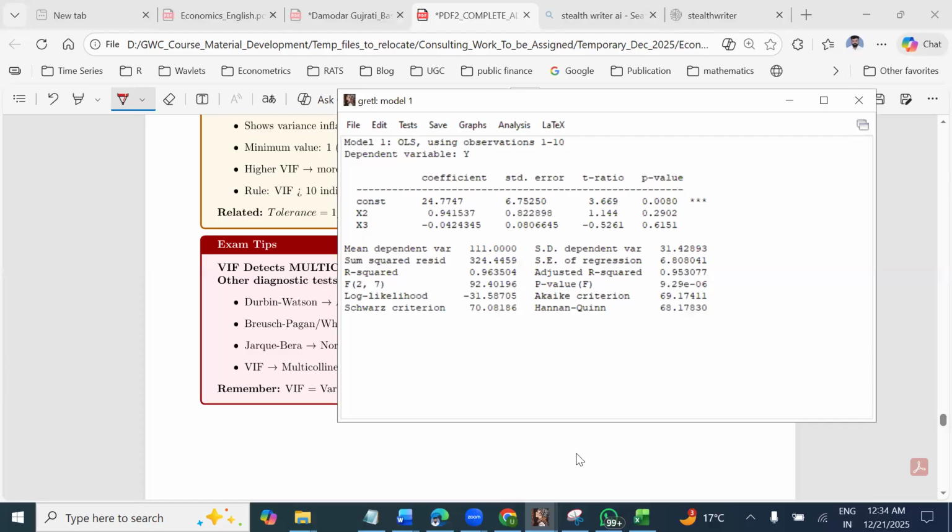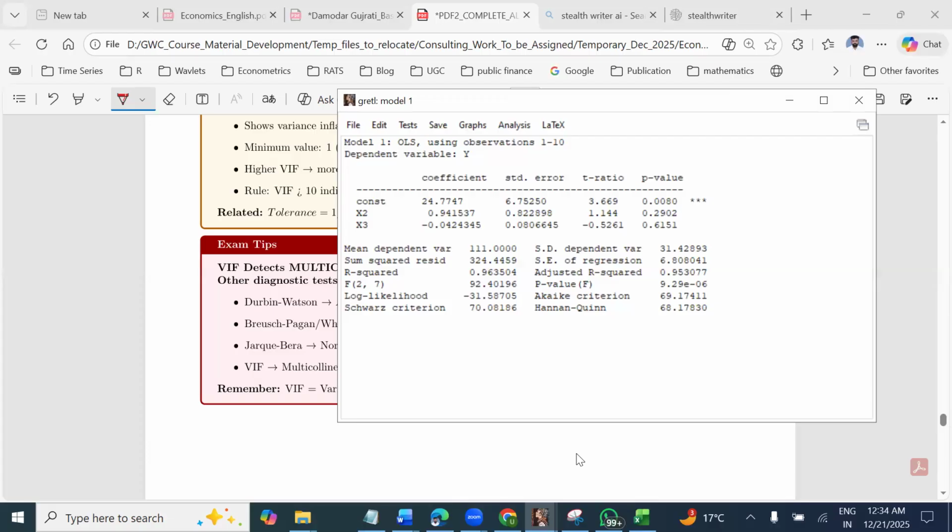In this case, the regression model means your income and wealth are able to explain 96.35% variation in the consumption variable. Is it clear? The dependent variable. Is the interpretation clear, Sangeeta? Yes, sir.